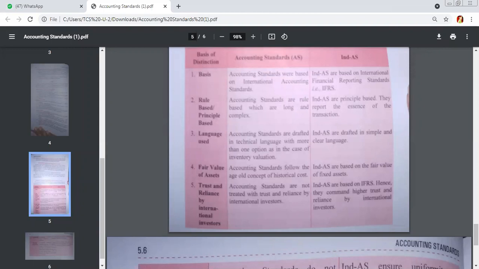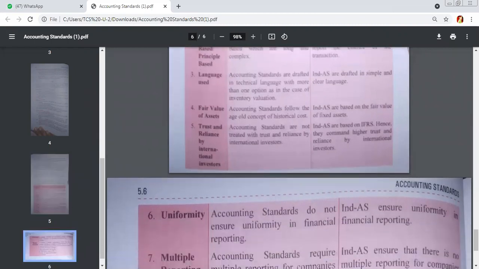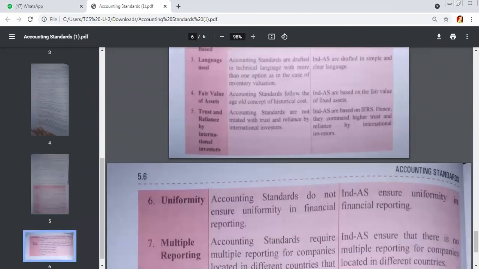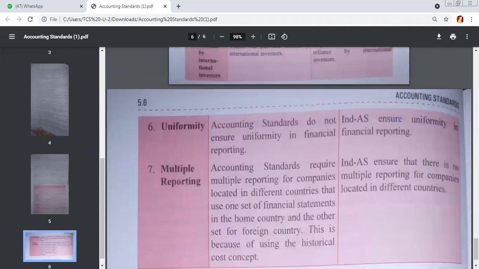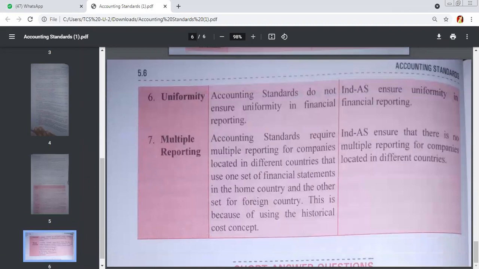Trust and reliance by international investors: accounting standards are not treated with trust and reliance by international investors, while the Indian accounting standards, as they are based on IFRS, have a high command of trust and reliance by international investors. And uniformity: accounting standards do not ensure uniformity in financial reporting, while the Indian accounting standards ensure uniformity in financial reporting.